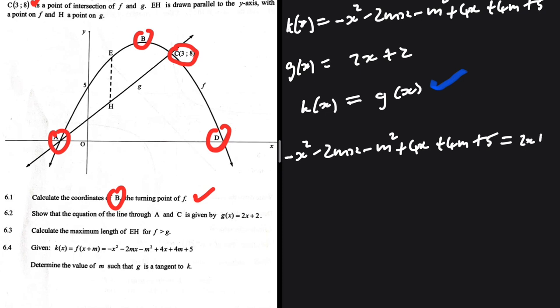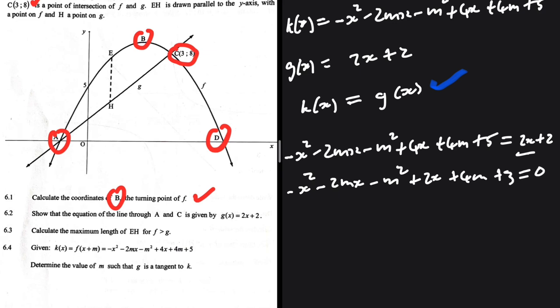I'm going to take 2x to the left hand side, so I have minus x squared minus 2mx, and then minus m squared plus 4x minus 2x, that will be plus 2x, and then plus 4m plus 5 minus 2 plus 3. This is equal to 0.